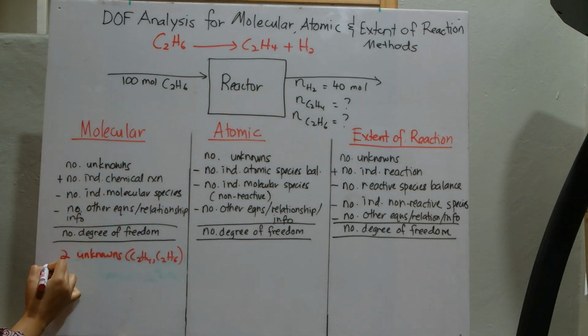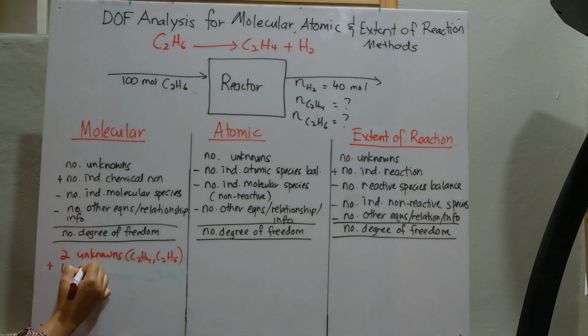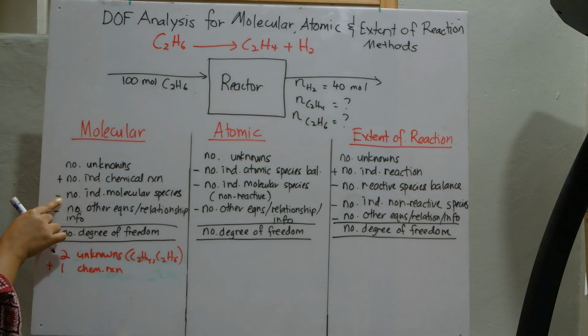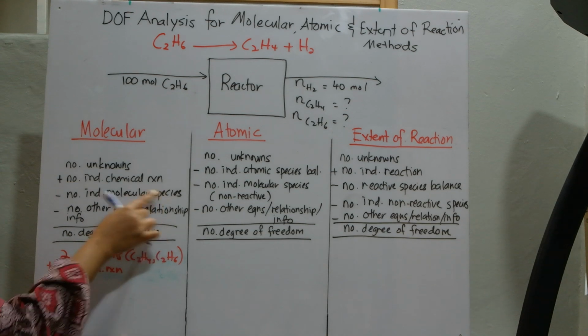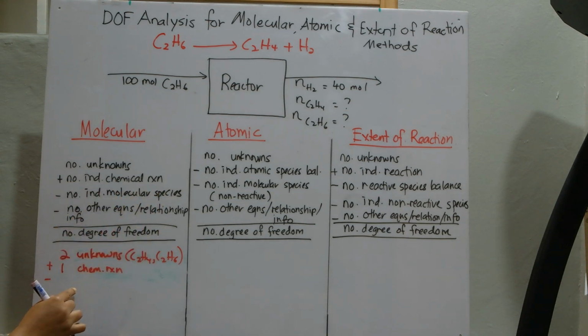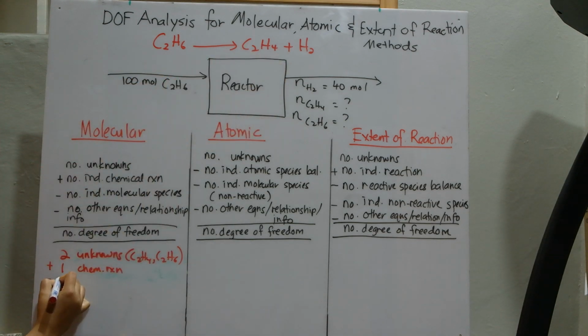Then we plus one chemical reaction. Then we minus the number of independent molecular species. How many species do we have in this reaction? 1, 2, 3. So it becomes 3 independent molecular species.